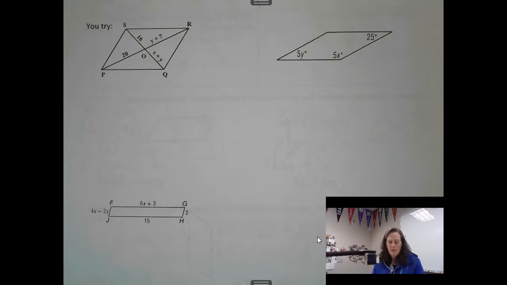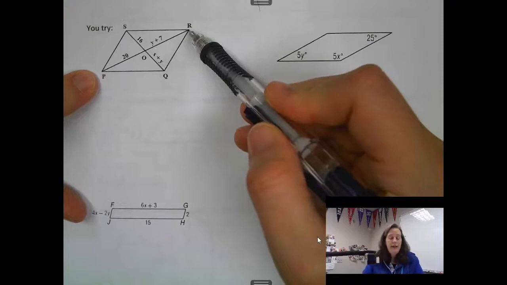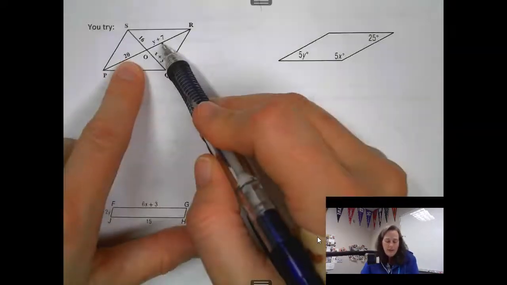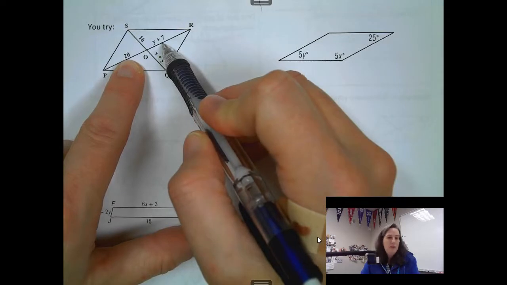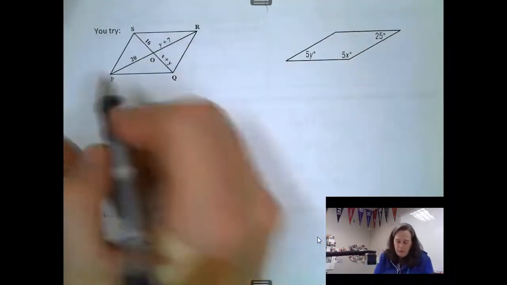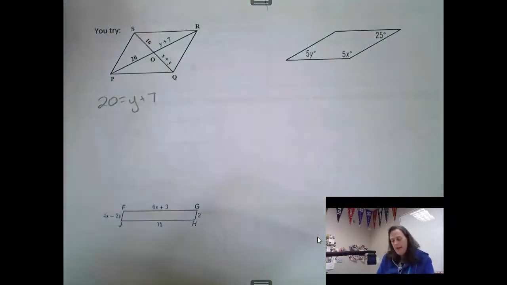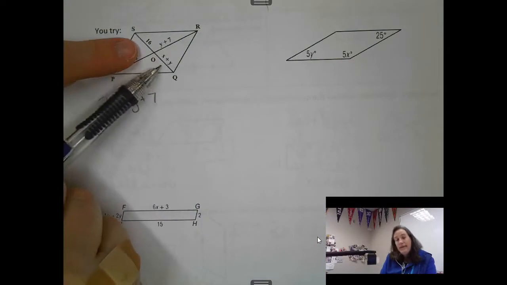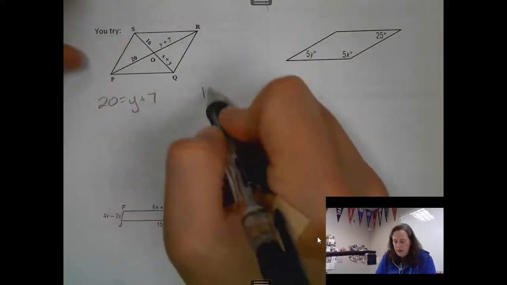Okay, first one, we've got diagonals. If it's a parallelogram, then the diagonals are bisected by one another. That means this piece and this piece have to be equal to each other. So we'll say 20 has to equal y plus 7. And the other diagonal also, those pieces have to be equal to each other.